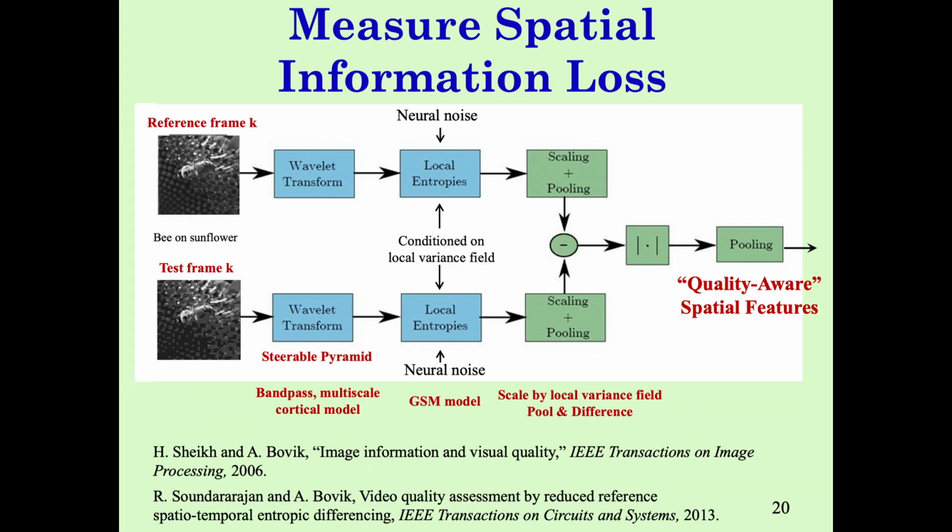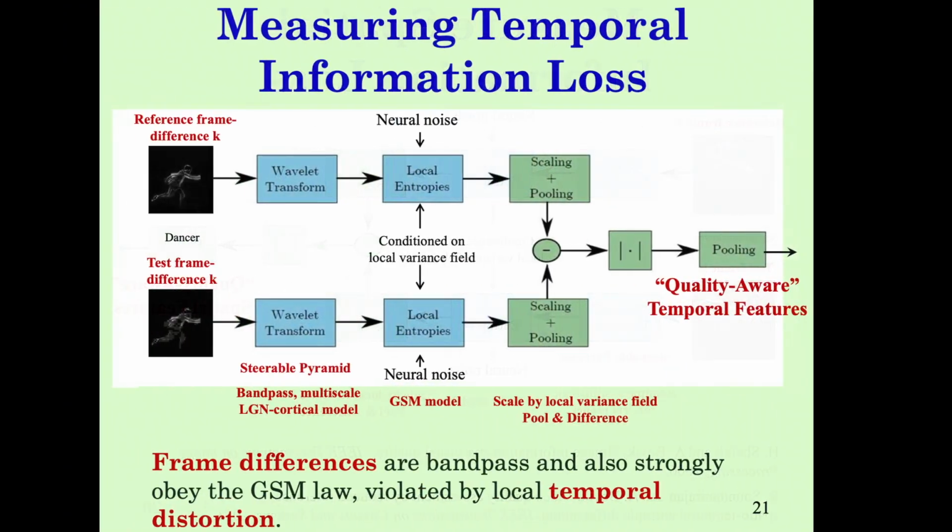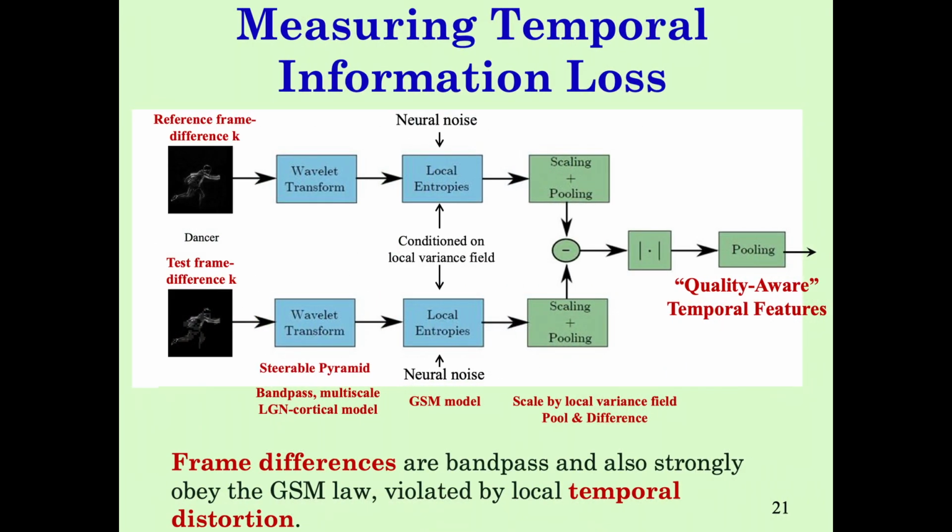Then we can do the same thing. Instead of on frames, we can do it on frame differences. Notice we're only using 2 frames here. Later I'll talk about using more. So on 2 frames, exact same flow diagram, pretty much. Frame difference of the reference, frame difference of test. Perceptual processing, statistical modeling, compute entropies.